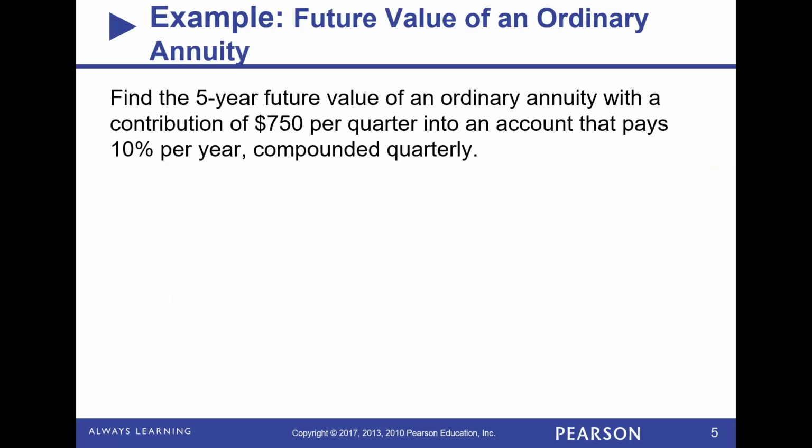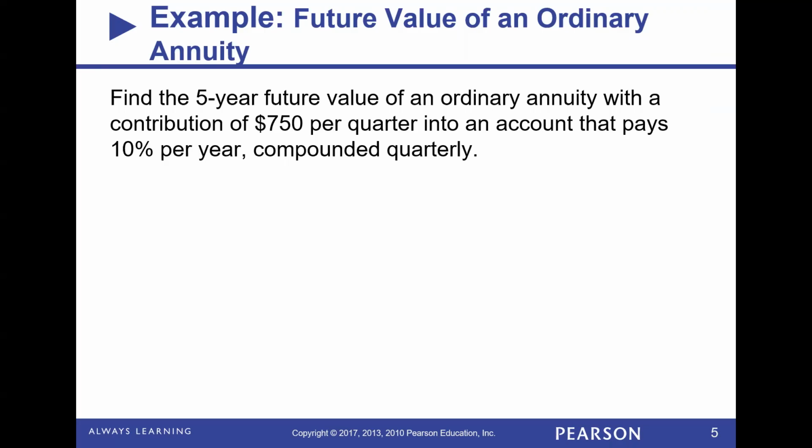Okay. So our first part as we go through this problem is: find the 5-year future value of an ordinary annuity with a contribution of $750 per quarter into an account that pays 10% per year compounded quarterly.